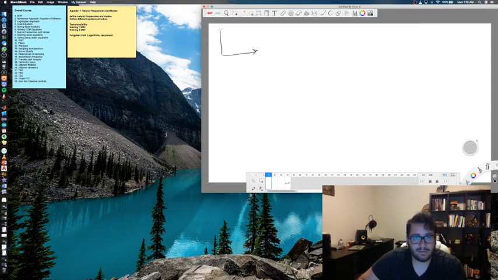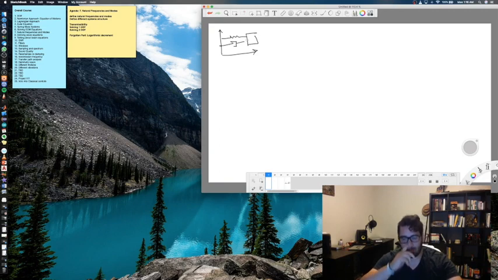So natural frequency is the frequency at which your system is replying only based on stiffness and mass. So it's a characteristic operational frequency of oscillation for your system.